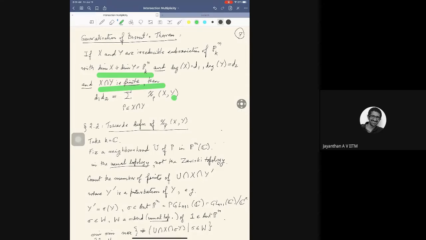So when you do that, of course, the new points of intersection would be close to the old points of intersection. And then what you would be doing is singling out each single P in the old intersection and see how many points there are close to P in the new. By new, I mean perturbed intersection.